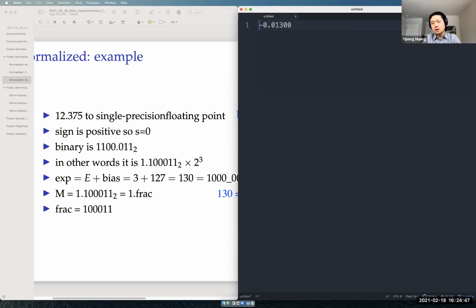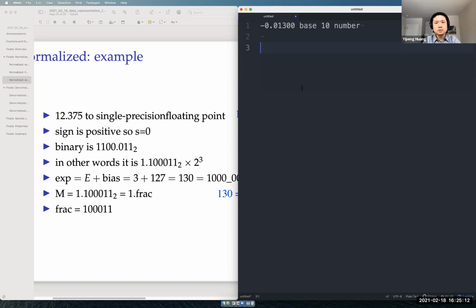It's the same idea, and I think this corresponds to Yuchen's idea. Let's convert the number negative 0.013 to floating point encoding. This is our base 10 number.